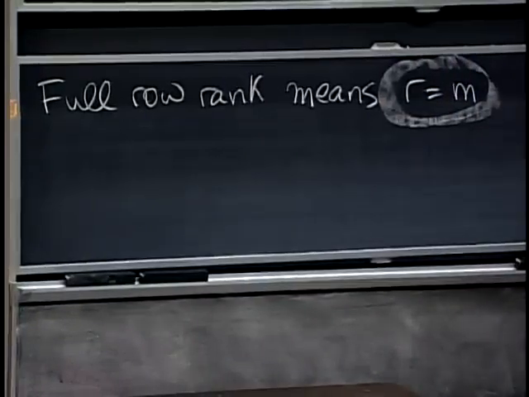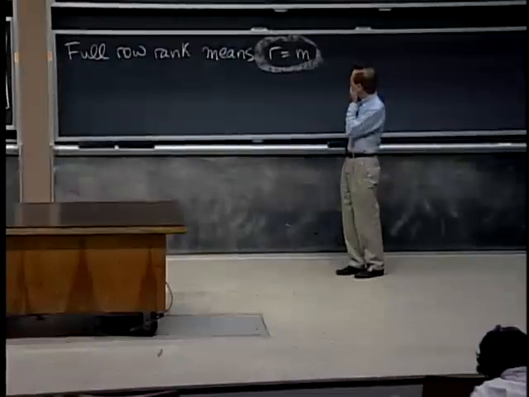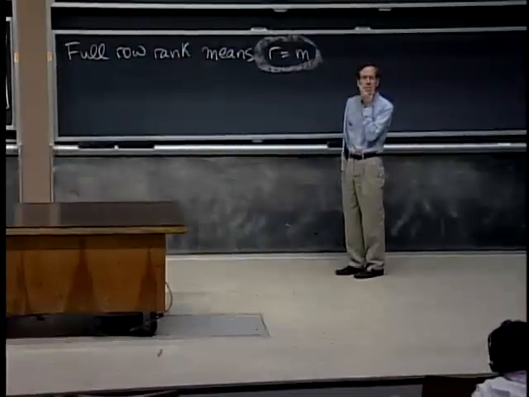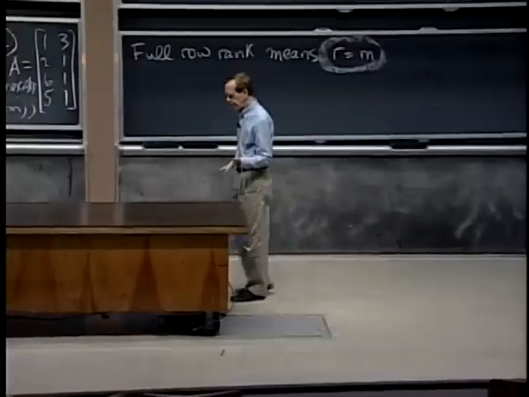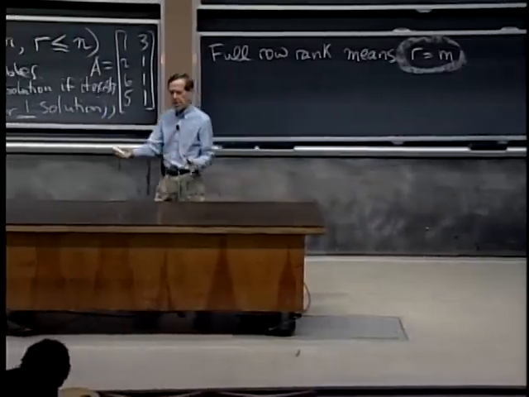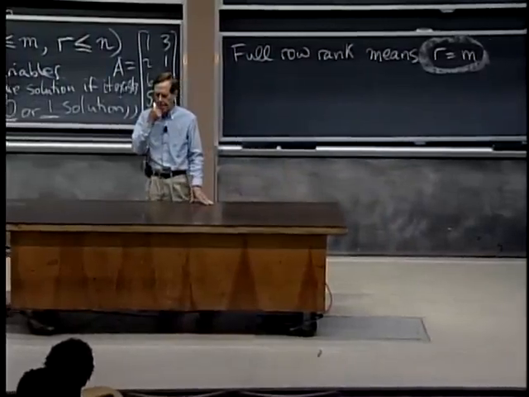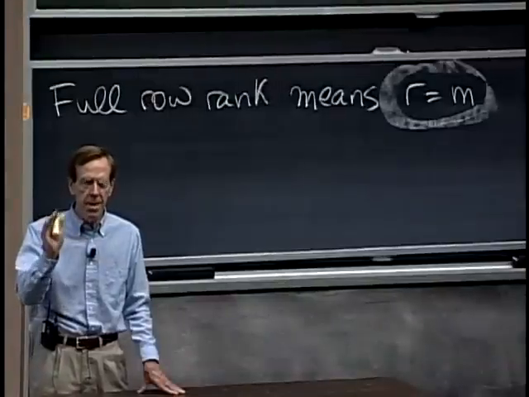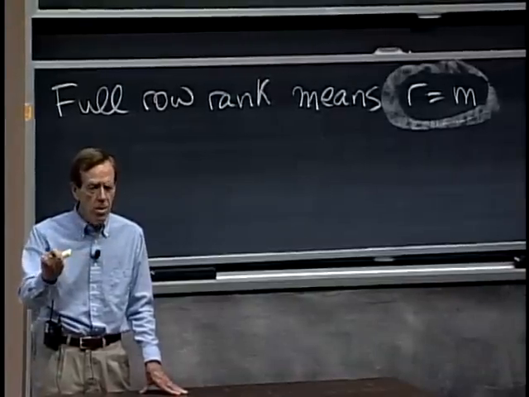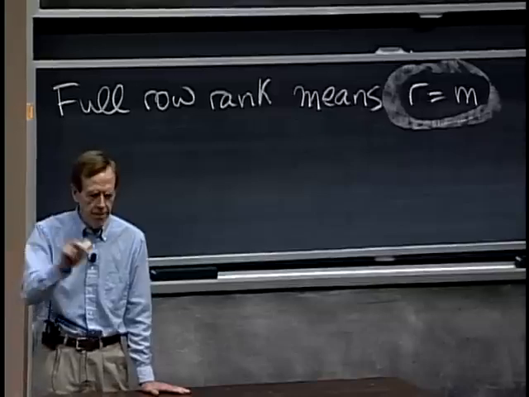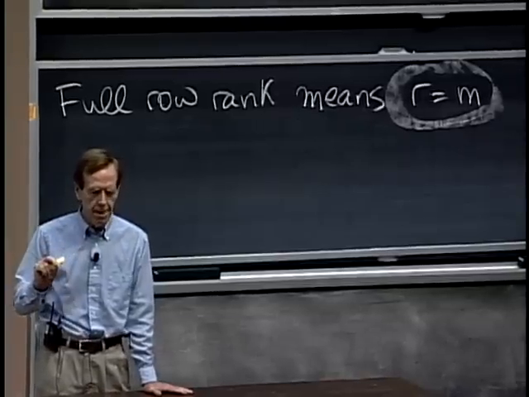Okay, what's up with that? How many pivots? m. So what happens when we do elimination in that case? I'm going to get m pivots. So every row has a pivot, right? Every row has a pivot.